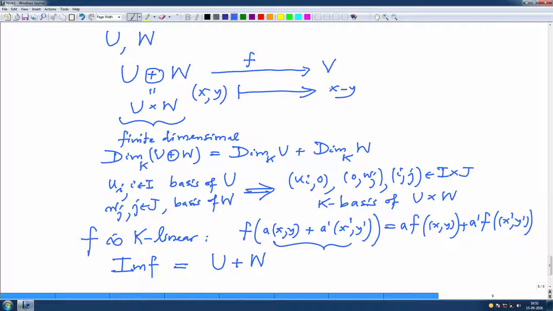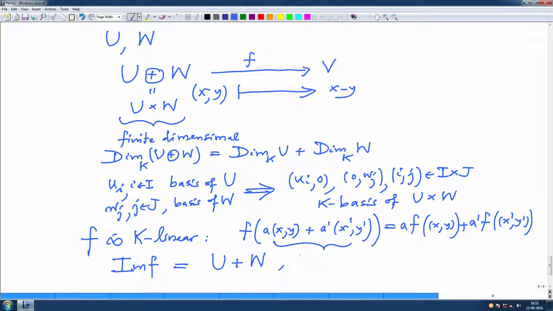So, therefore, clearly U is a subset of the image. Similarly, W is a subset of the image, and that it is the smallest one is apparently very easy to check. So, I will leave it to you. So, the image is U plus W.